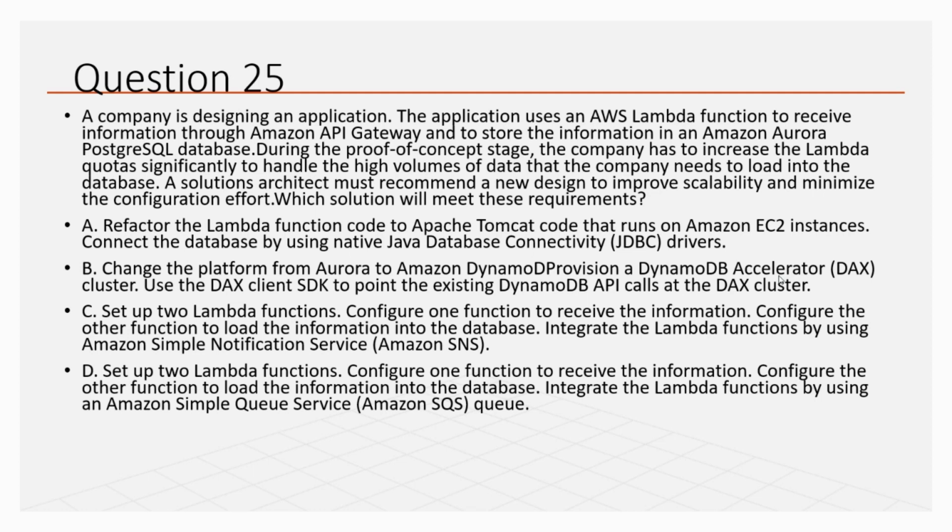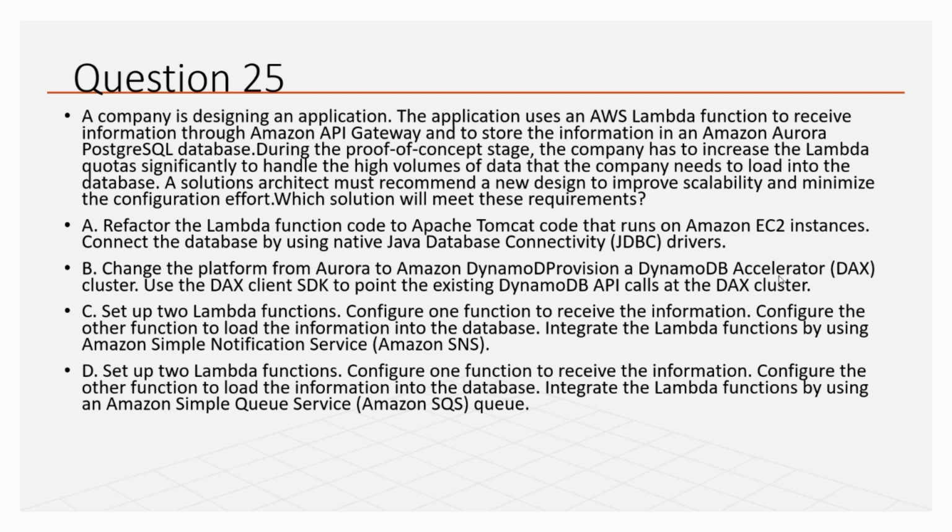So during the proof of concept stage, the company has to increase the Lambda quota significantly to handle the high volumes of data that the company needs to load into the database. A solutions architect must recommend a new design to improve the scalability and minimize the configuration effort. Which solution will meet these requirements?